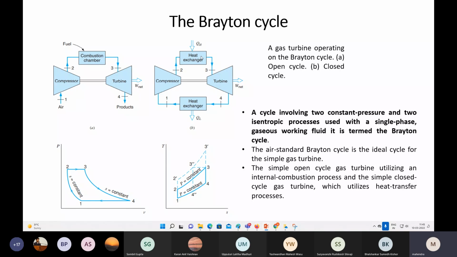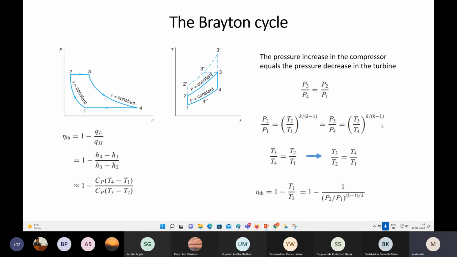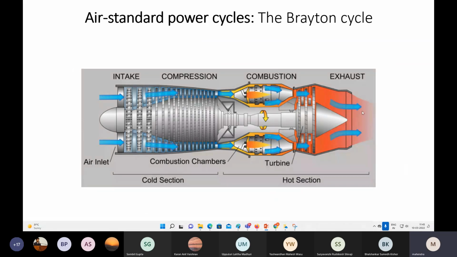The closed cycle is for land-based applications where you are generating electrical energy but not thrust. There you can use this closed cycle. We have one heat exchanger over here. Whatever hot gases come up over here are passed to the heat exchanger.